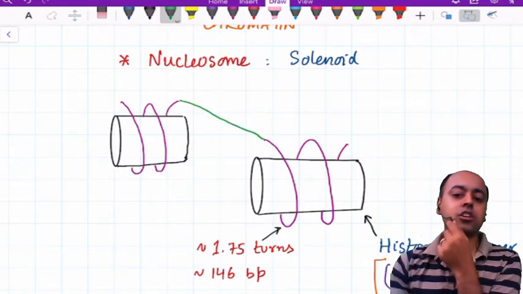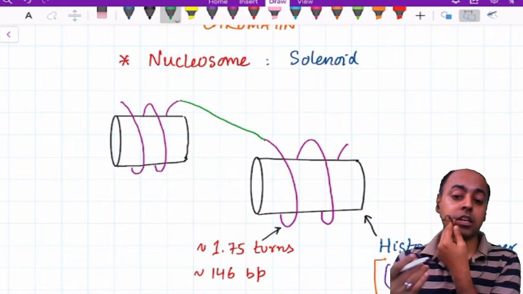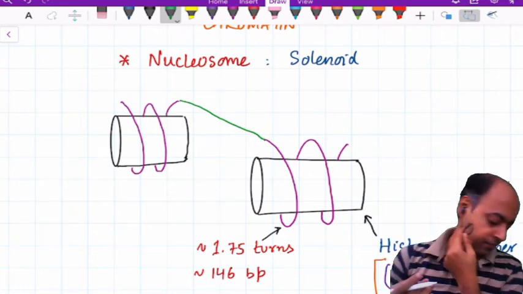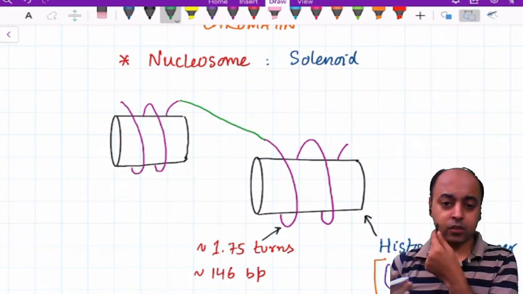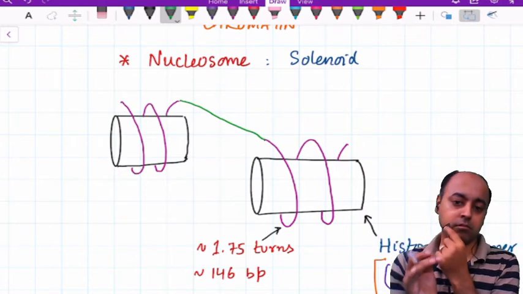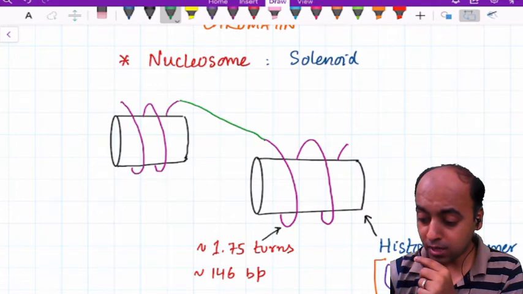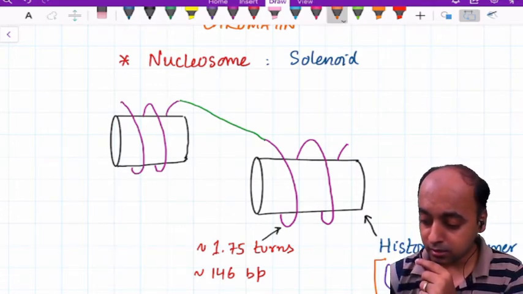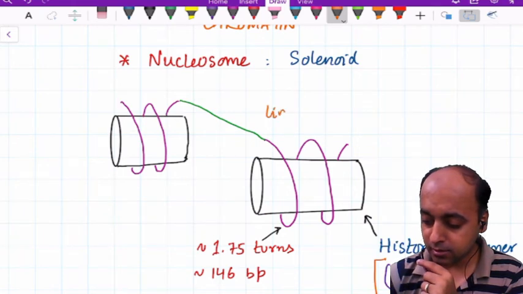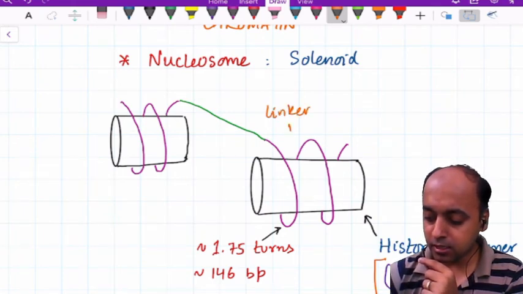It is a continuation of the DNA. This DNA, which is intervening in between the two nucleosomes, is known as the linker DNA.